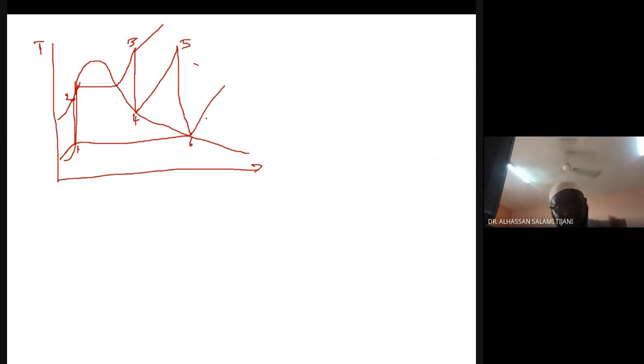This is just a rough estimation of the state points. We will determine the exact state points in the calculation. In the end, we may have to come back and correct the diagram, depending on the properties of the fluid at state 1 and state 2.